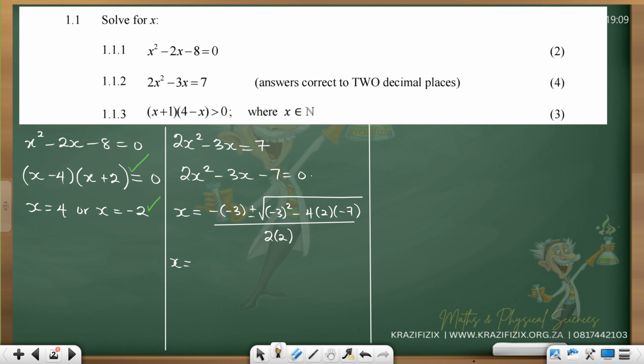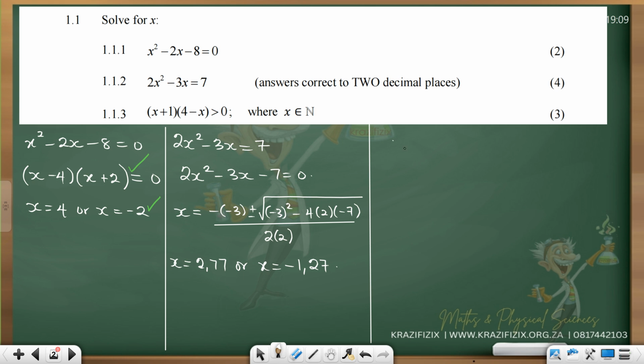Somebody please share answers with me. Yes, Michelle? 2.77 or negative 1.27. All right, rounded off correctly to 2 decimal places.